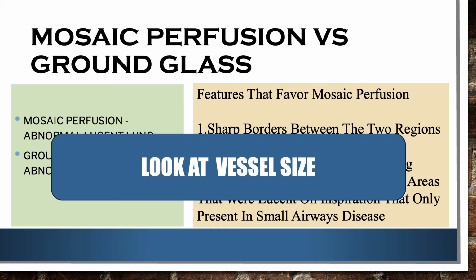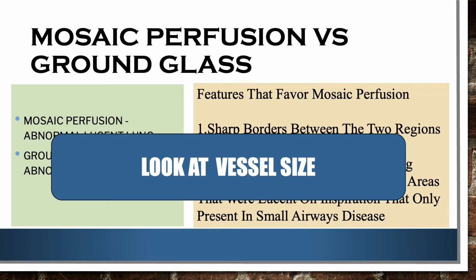So one good way of identifying is looking at the vessel size, because this distinction between mosaic perfusion and ground glass, which one is abnormal, still has a lot of pitfalls. Normally, smaller lungs or the abnormal lungs or the smaller airways may depict the abnormal part. However, if we just describe it on that basis, it may become confusing.